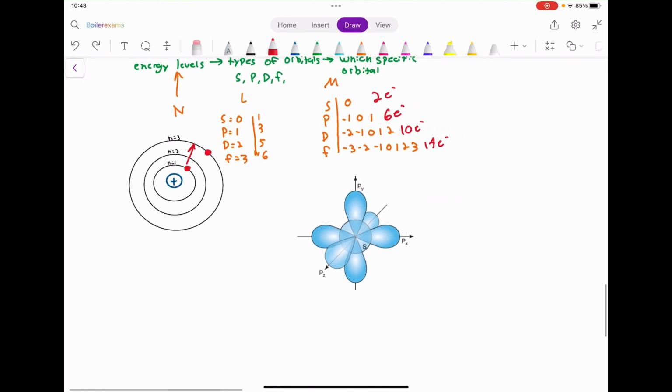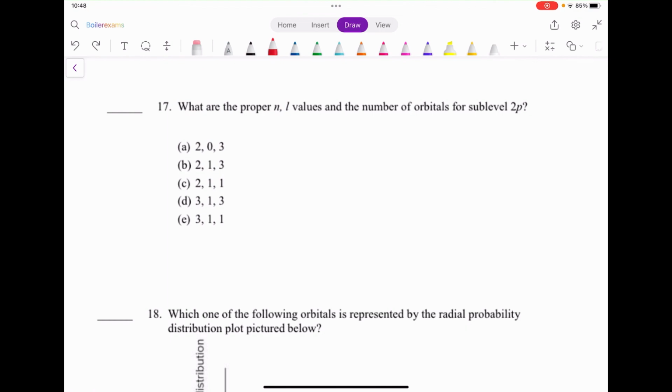Okay, so let's take a look at a question. What are the proper N and L values and the number of orbitals for the sublevel 2p? So when we write it like this, 2p, 2 is the energy level, and then p is the type of orbital.